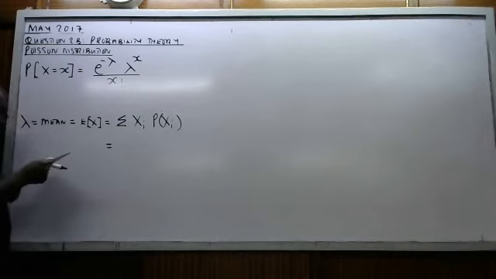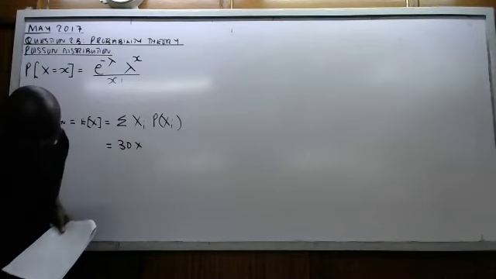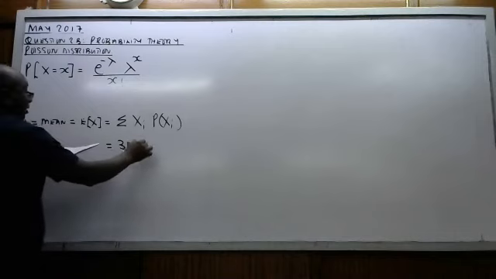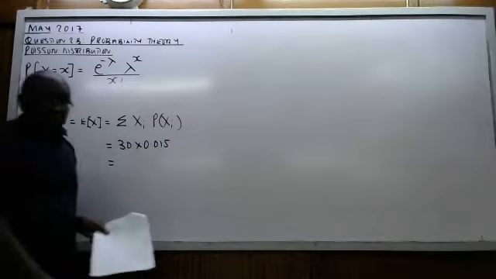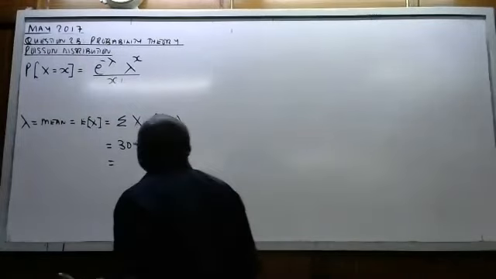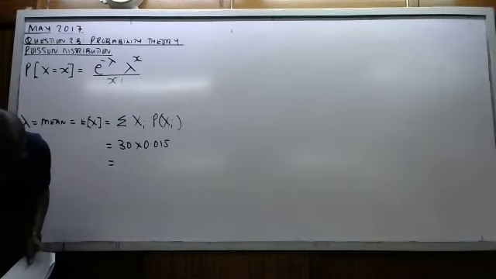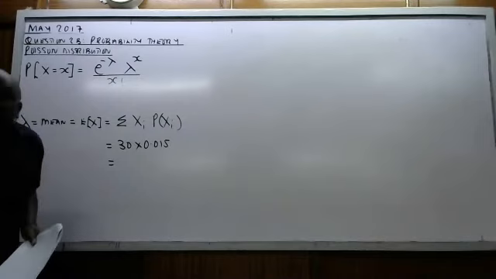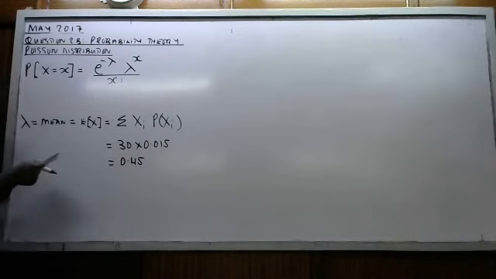So we are told that there are 30 machines, and the probability of failing is 0.015. So when you multiply that, get me the answer. Same as 30 times 0.015, that is 0.45. So you are told probability that x is exactly 4.